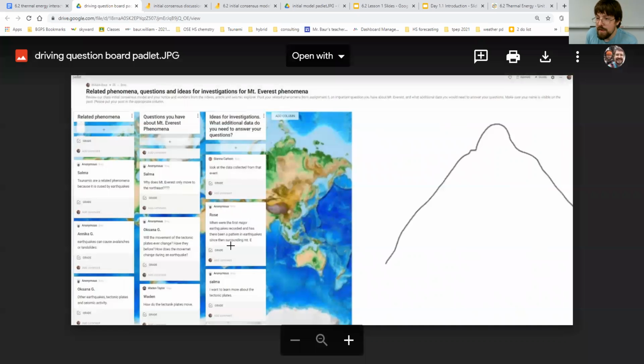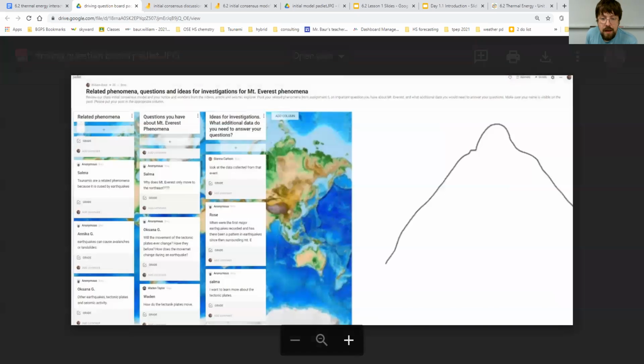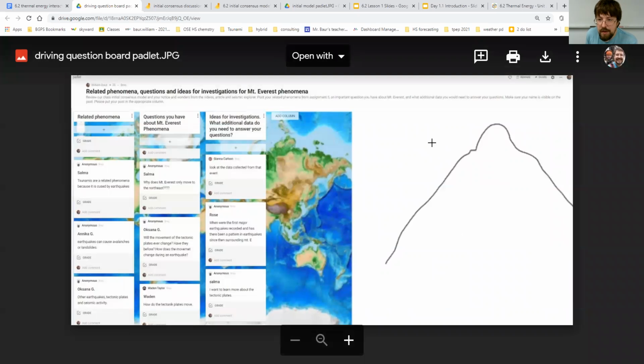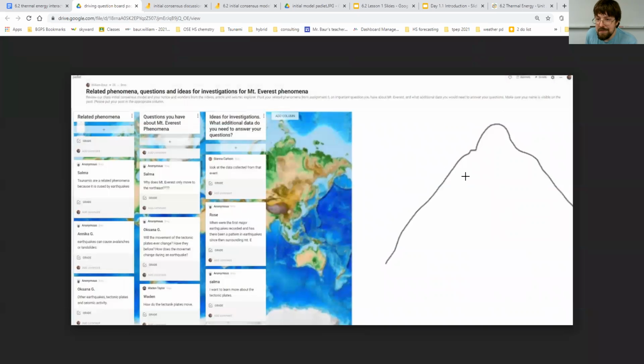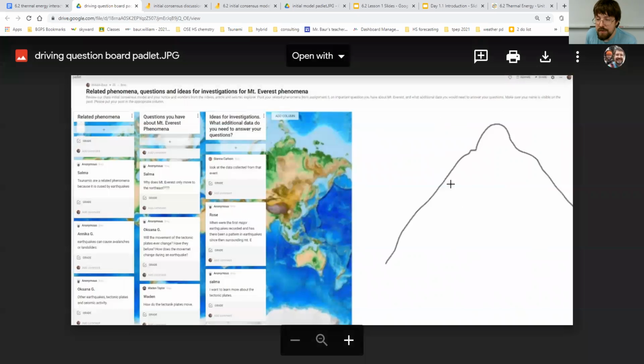Then we could revisit this throughout the unit and check off what we did. You can also include a picture of your initial consensus model as part of the background of your Padlet.